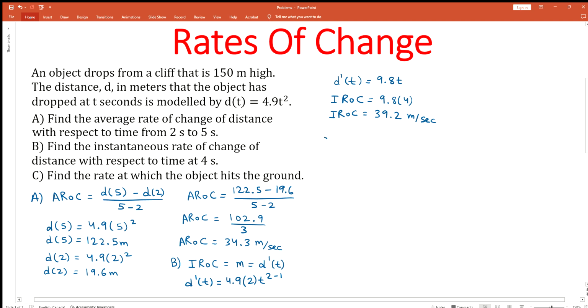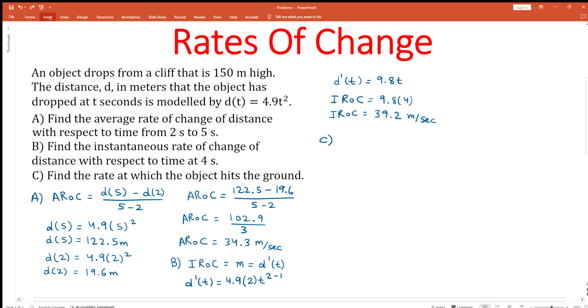Now we can answer part C. Find the rate at which the object hits the ground. In part C, we have to find the instantaneous rate of change for the d function at the time when the object hits the ground. We are not given the time at which this object hits the ground, so the first step is to find that time.